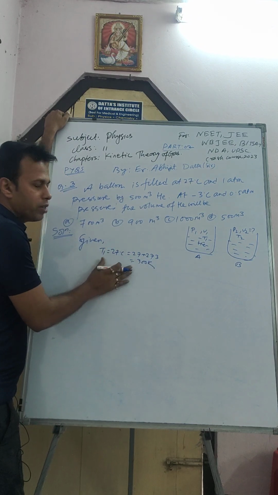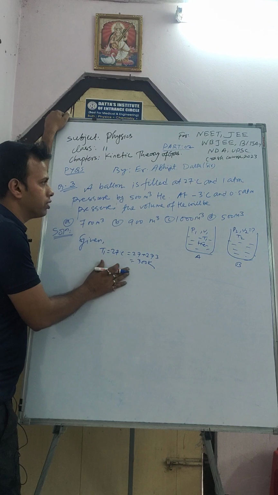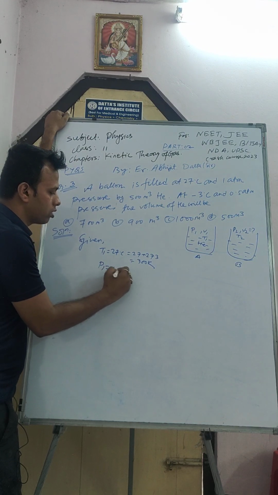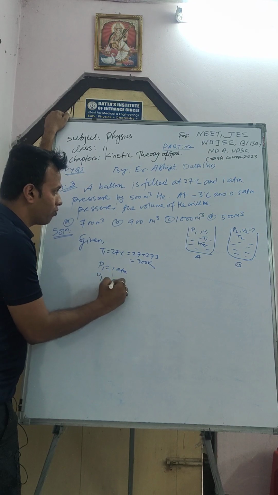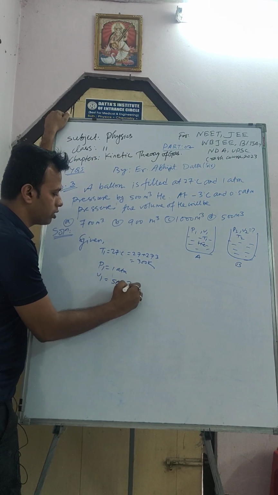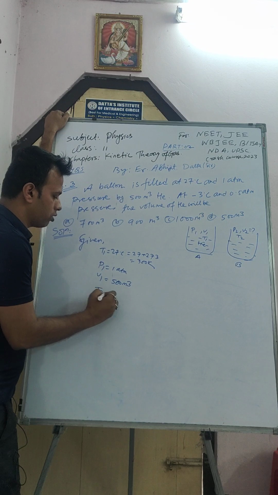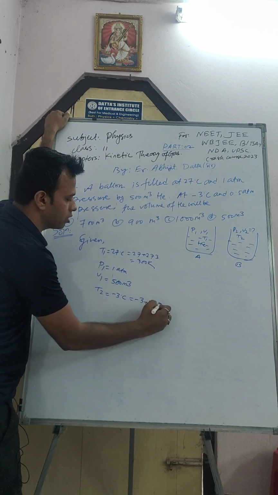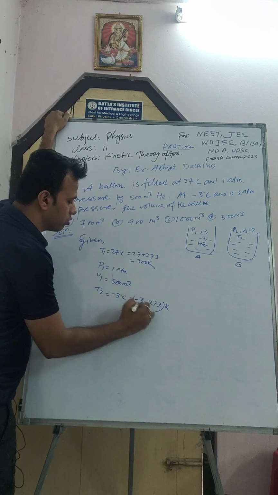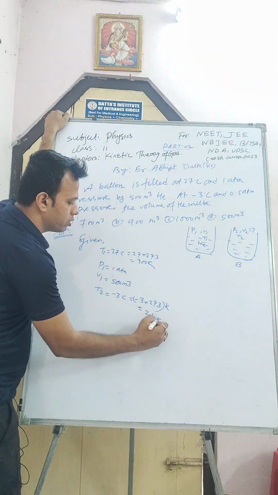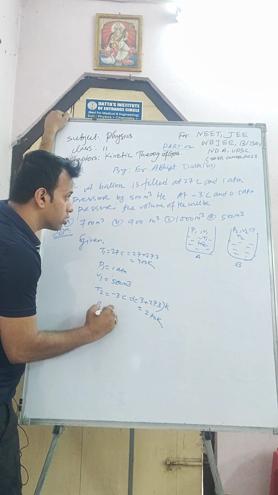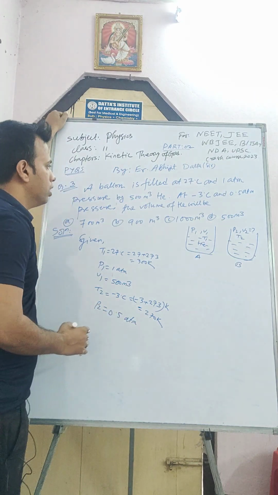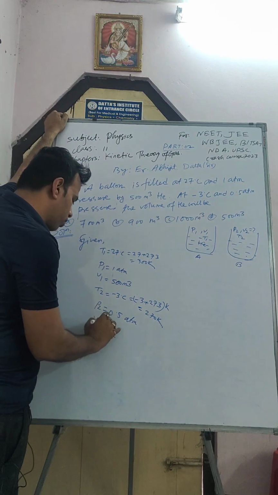You have to convert all temperatures into Kelvin, that is the international standard. P1 is 1 atm pressure, and B1 is 500 meter cube. Now T2 is minus 3 degrees C, so minus 3 plus 273 Kelvin, so it will become 270 Kelvin. P2 is 0.5 atm, and B2 is what we have to find out.